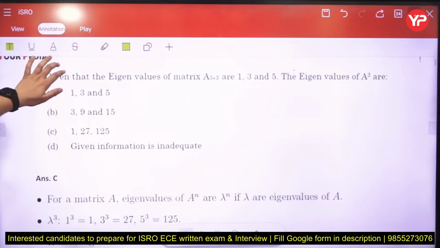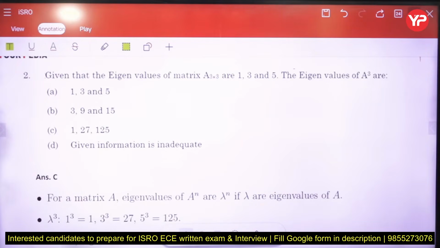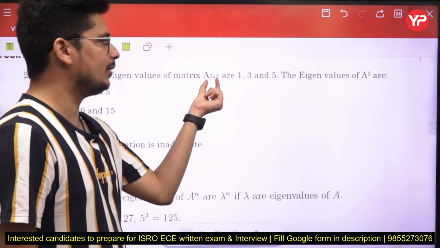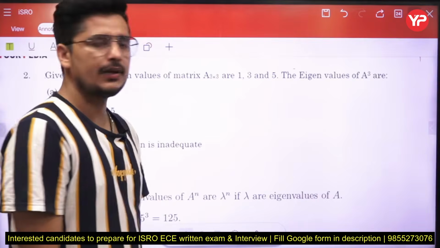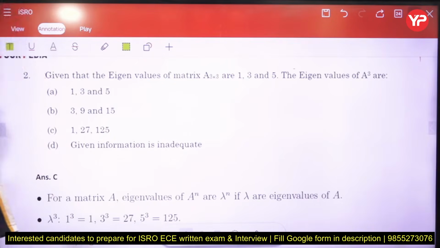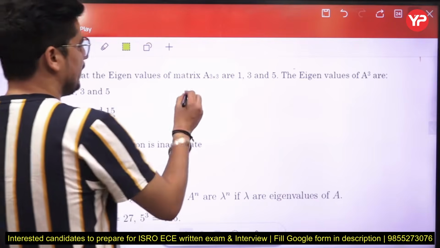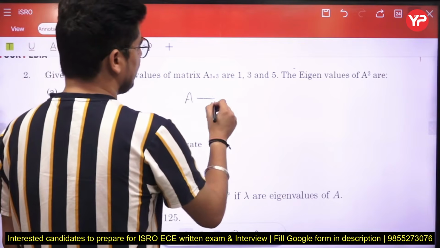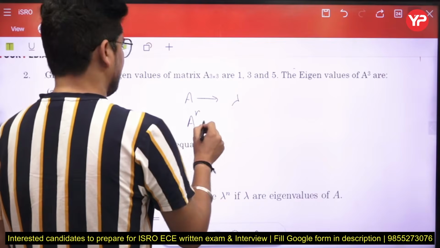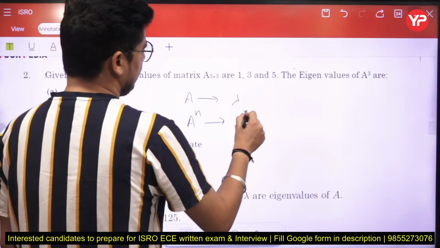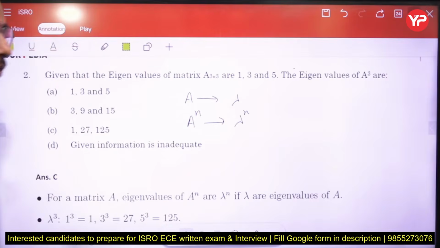Next, okay, it is given that the eigenvalues of a 3 cross 3 matrix are 1, 3 and 5. You have to find the eigenvalues of A cube. So basically we know that property: if a matrix A has an eigenvalue lambda, then A to the power n will have the eigenvalue lambda to the power n.